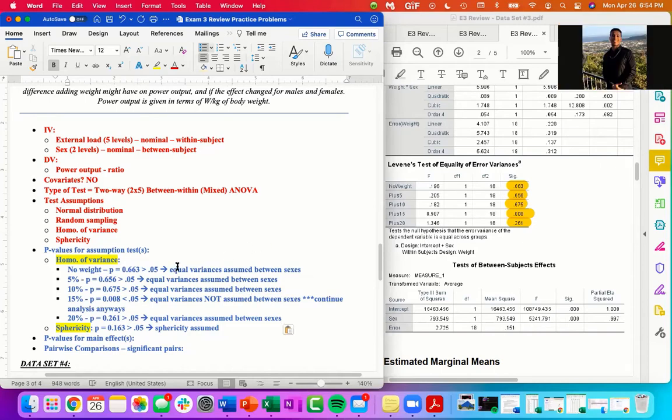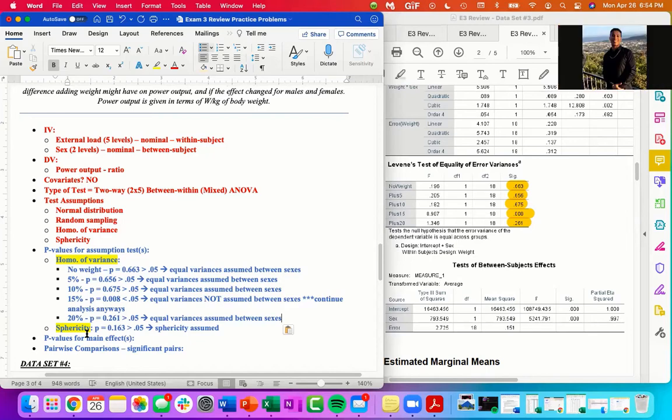Question. Mm-hmm. I know you didn't talk about it, but when you ran the SPSS on this data, what value do you have to look at for the interaction effect to then go to the syntax? Is that the variance or the sphericity? Neither assumption test. That would be in the main effects, which we haven't gotten to yet.